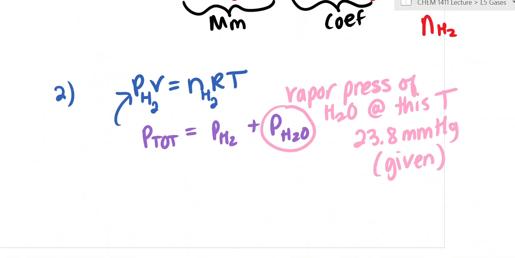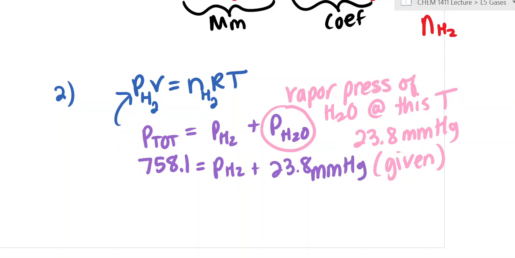So when I plug in here, so just subtracting, that's my partial pressure of hydrogen.